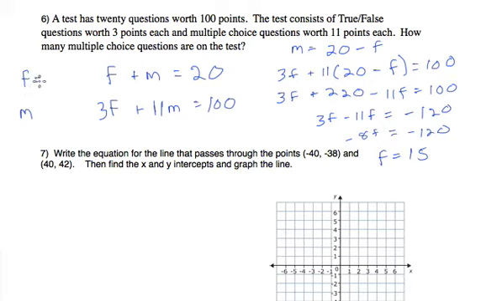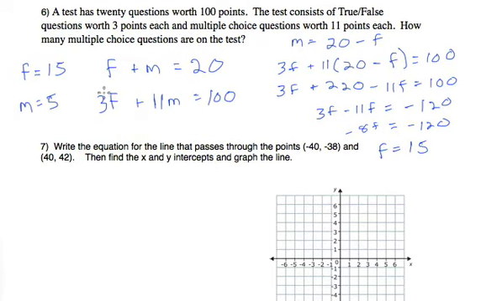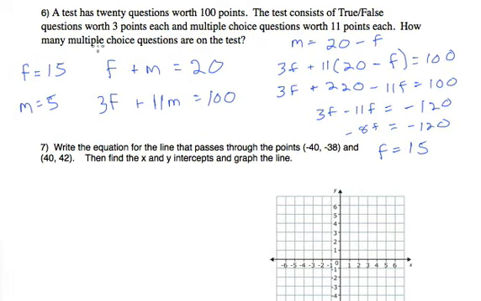So there are 15 true and false questions, and that leaves us with 5 multiple choice questions. Simple enough. And I didn't explain how I got that, but by now you should know you just plug in 15 for F, 15 plus something equals 20, and that something is 5. Plug those into F and M here, and you should get 100.